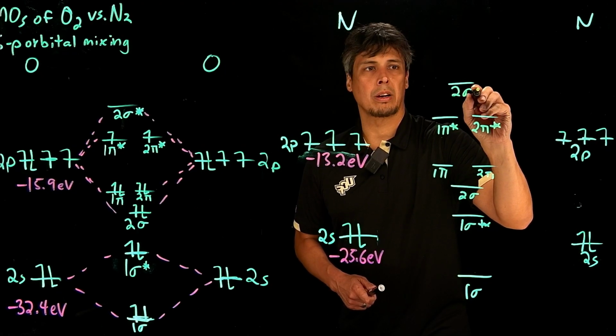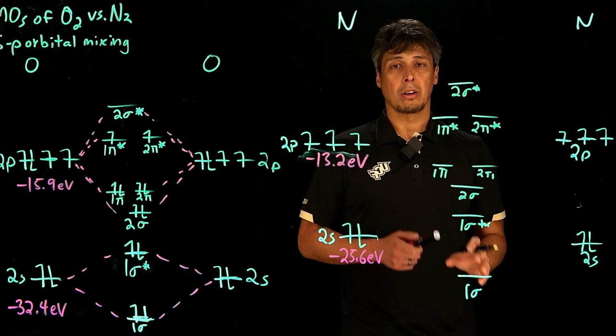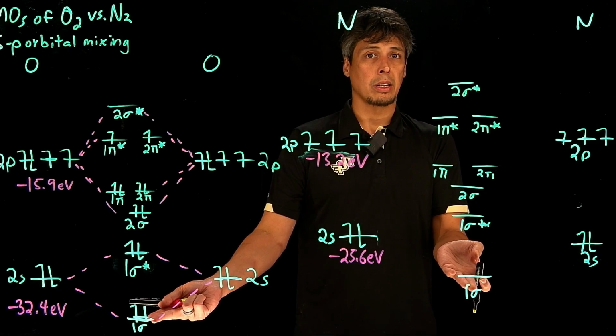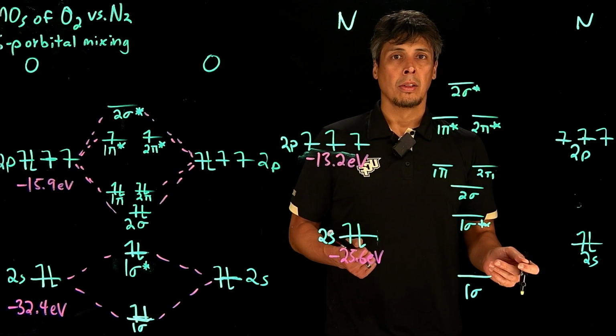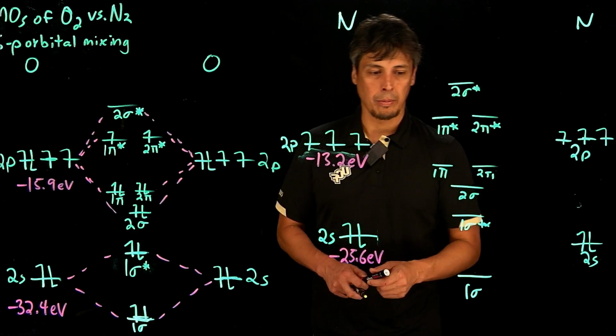Notice that all of the MOs are correspondingly a little bit higher in energy than their dioxygen counterparts, because the atomic orbitals that make them up are higher in energy as well.